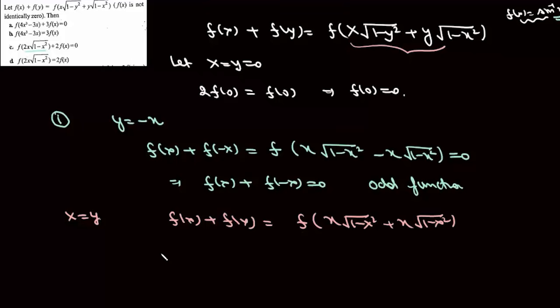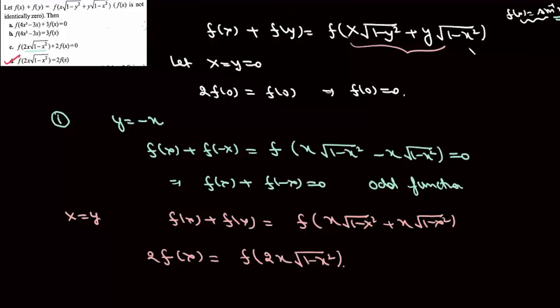So we'll get 2 times f(x) equals f of 2x times under root of 1 minus x square. And that's your option D. So one of the options is this option D.